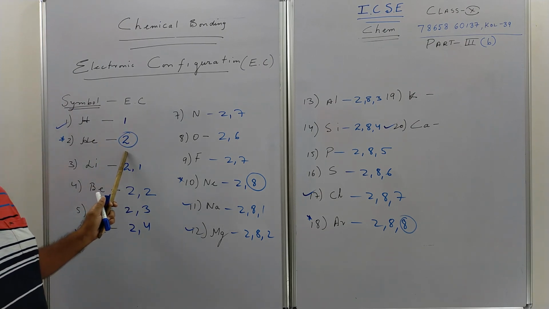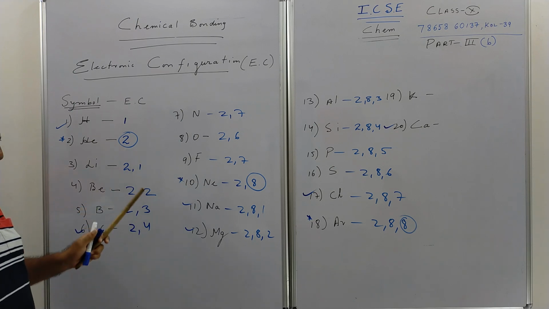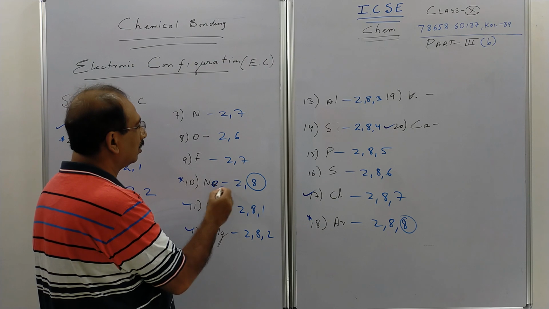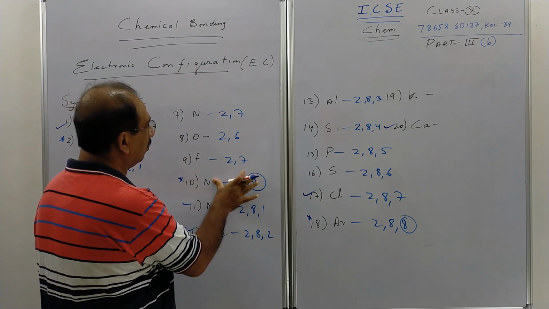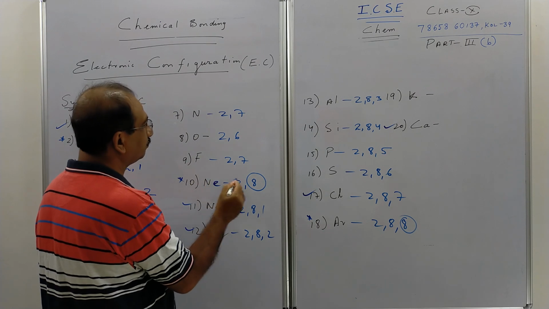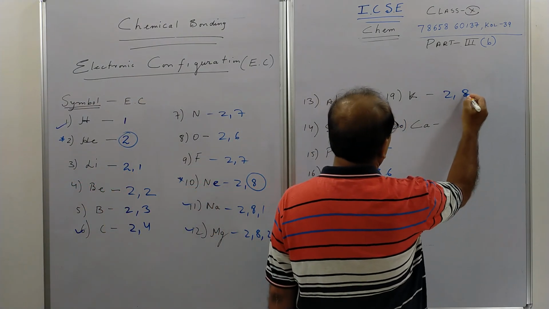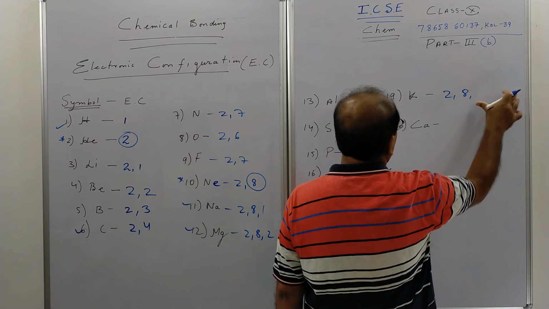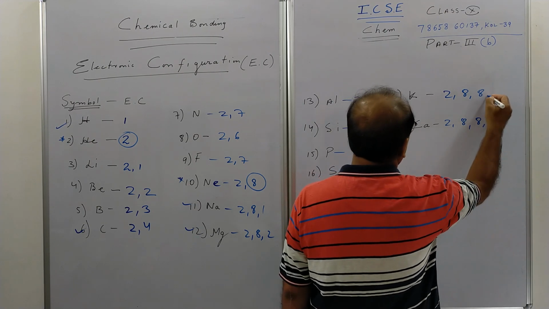So every element tries to go to the electronic configuration of helium, neon or argon. Then potassium is 2,8,8,1, and calcium is 2,8,8,2.